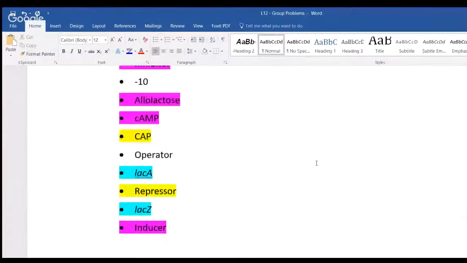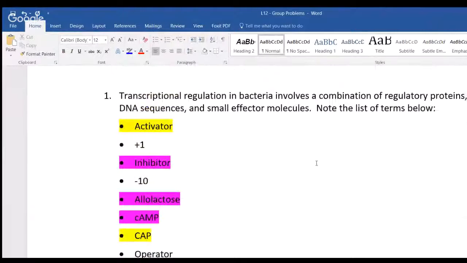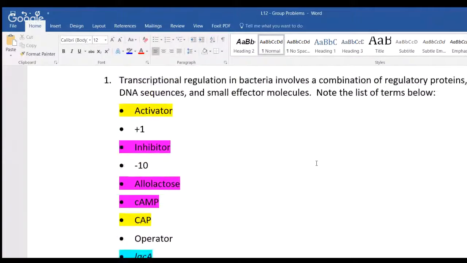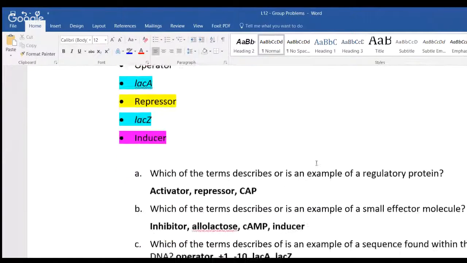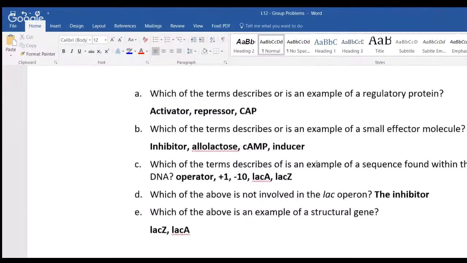So part 1, we're given a list of proteins and effector molecules and DNA sequences, and we're trying to determine when they're used. So for part A, part B, small effector molecules are an inhibitor, allolactose, cAMP, and inducer.